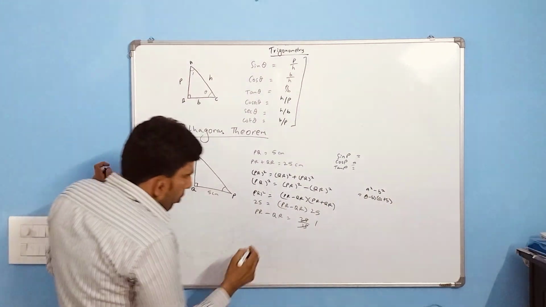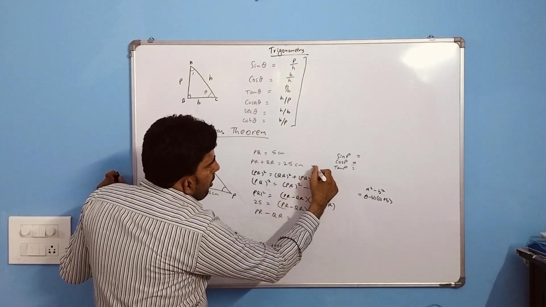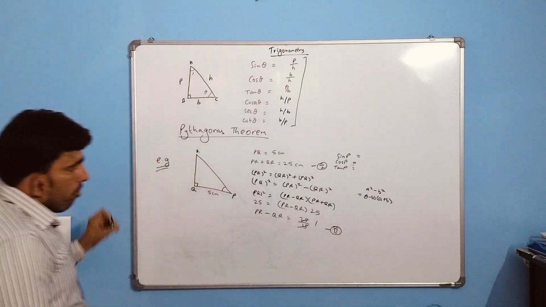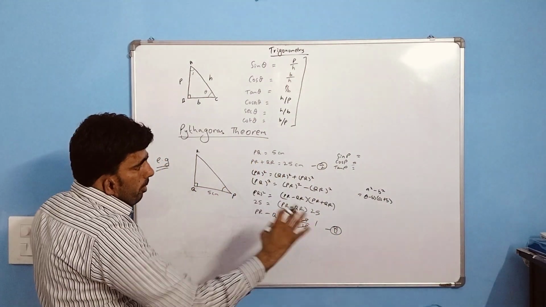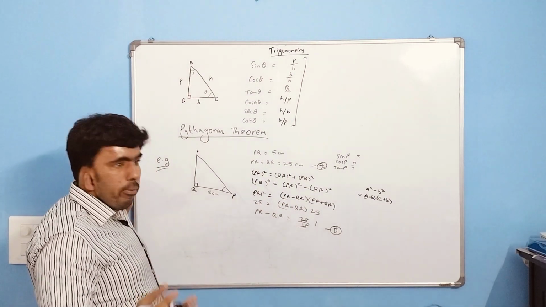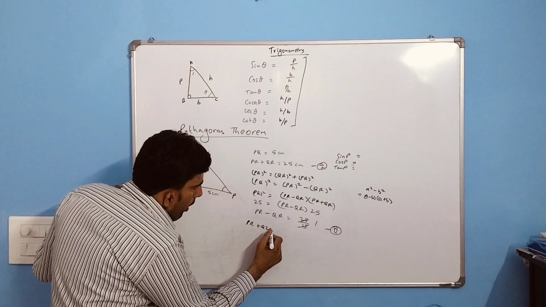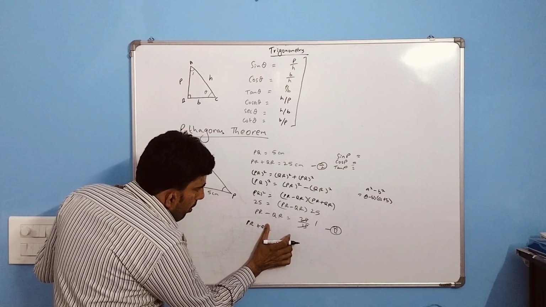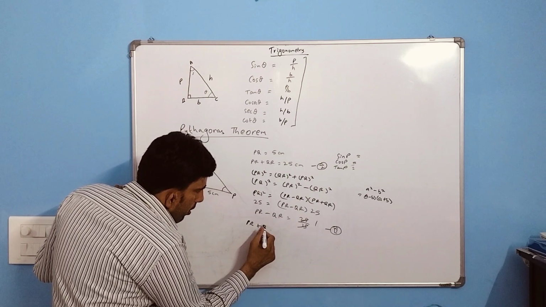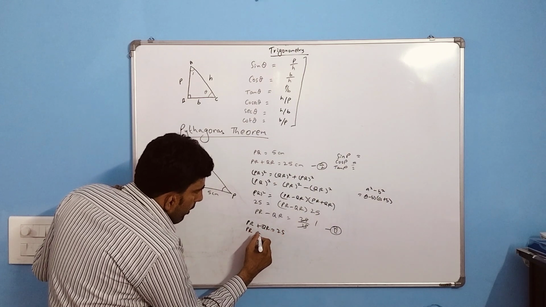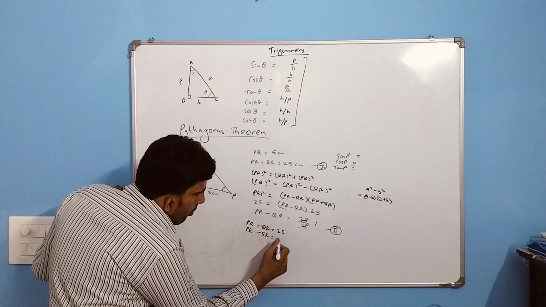Done. Now we have two equations. We will solve them: PR plus QR is equal to 25, and PR minus QR is equal to 1.